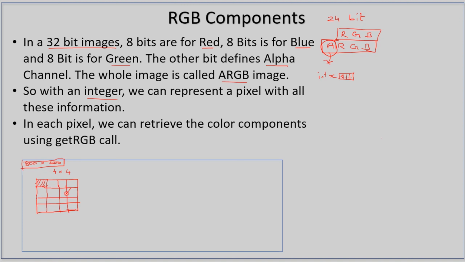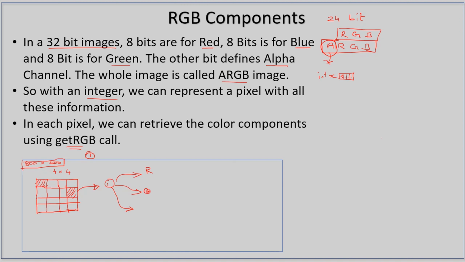In each pixel we can retrieve the red, green, blue components using the getRGB function.